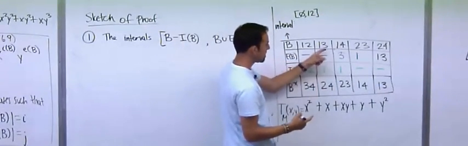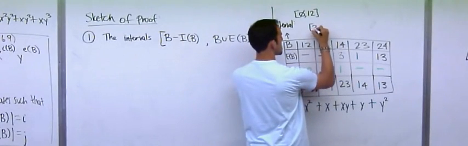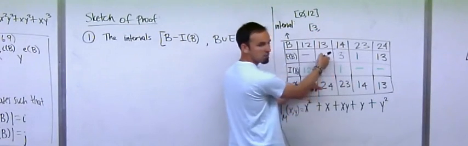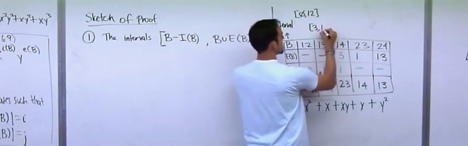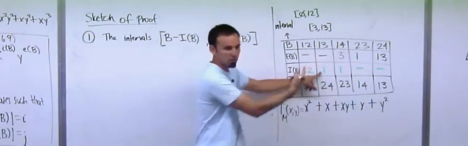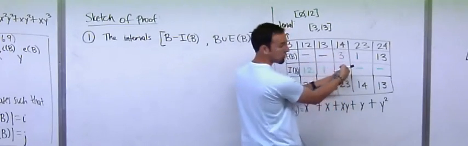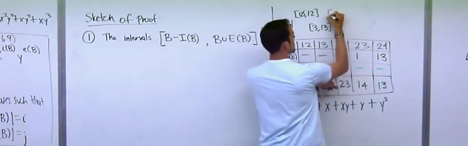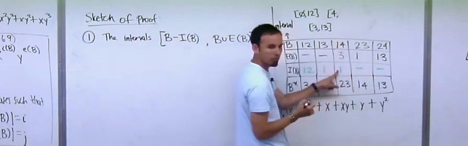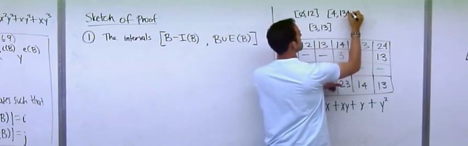For 1 and 3, you start by deleting the internally active elements, so that gives you 3. And then you add the externally active elements, you didn't add anything, so you get this guy. And that gives you some interval over there. Then for 1, 4, you delete the internally active elements, so you're left with 4. And you add the externally active elements, so you get 1, 3, 4.